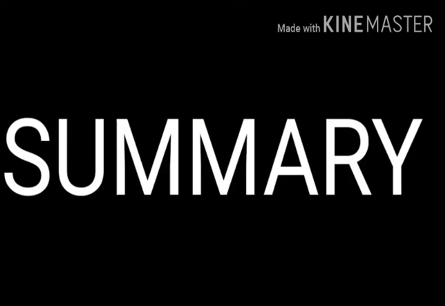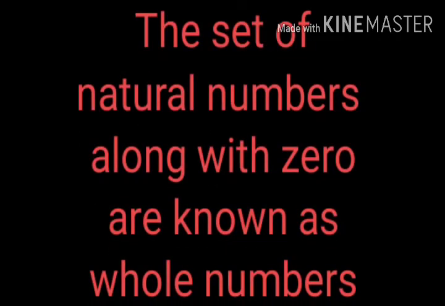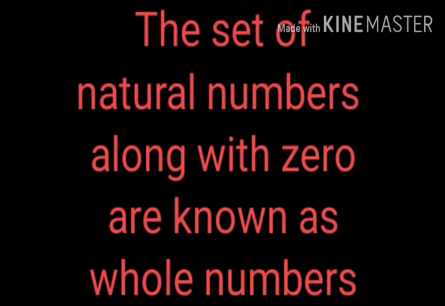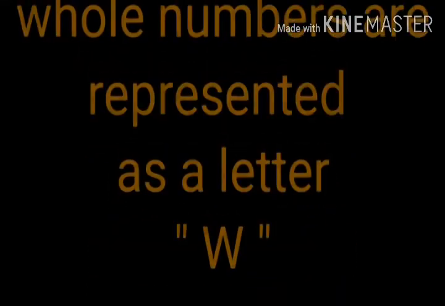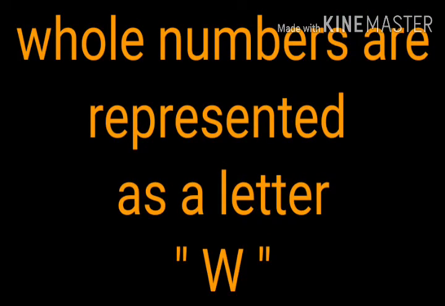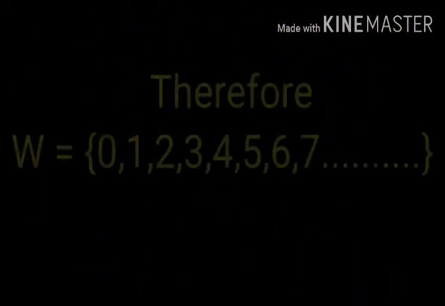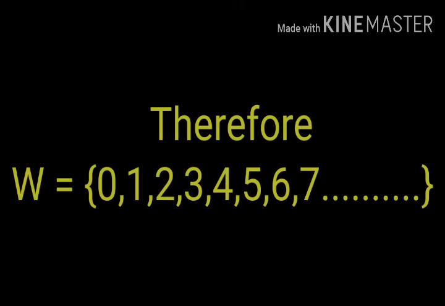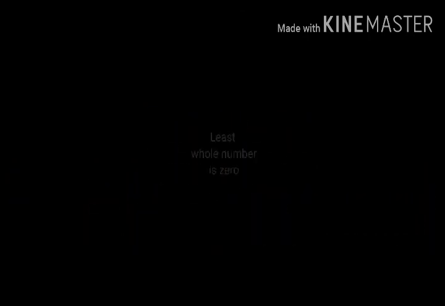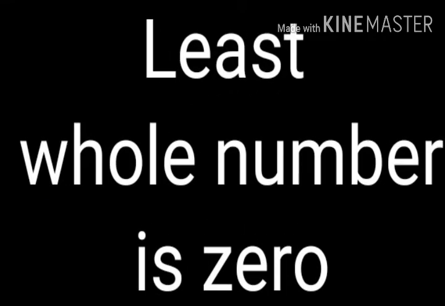So, summary, what we discussed here: the set of natural numbers along with 0 are known as whole numbers. Whole numbers are represented by the letter W. Therefore, W equals the set of 0, 1, 2, 3, 4, 5, 6, 7 and so on. The least whole number is 0.